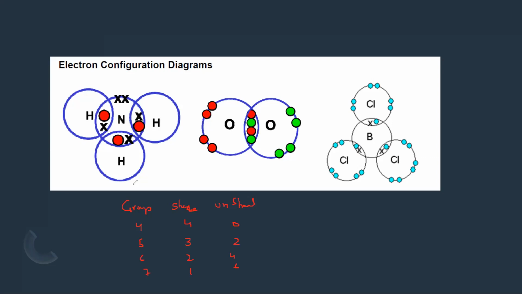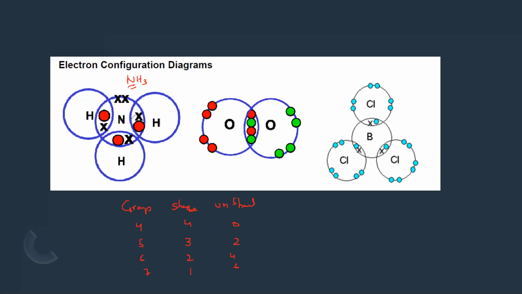Only in the case of hydrogen, it has 1 electron and it will share that 1 electron only. Hydrogen will not complete the octet. Others will complete the octet. So if we want to draw the structure of ammonia, which is NH3, nitrogen belongs to group 5, so it will share 3 electrons.